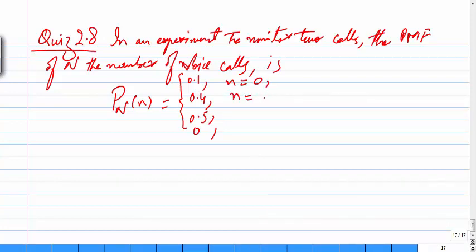Here n is 1, here n is 2, and here is otherwise. So this is given to us.